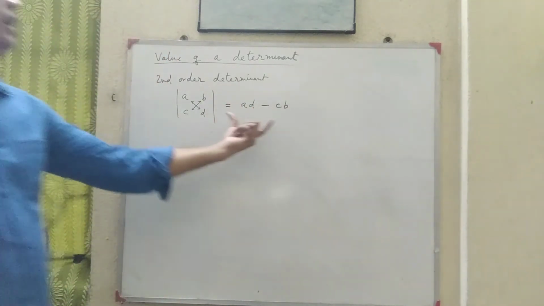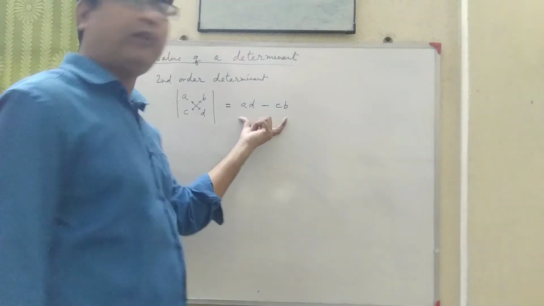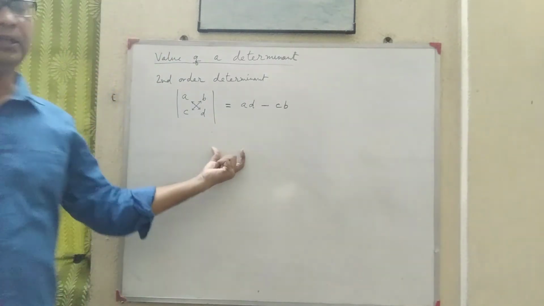So this is the formula for finding the value of a second order determinant.